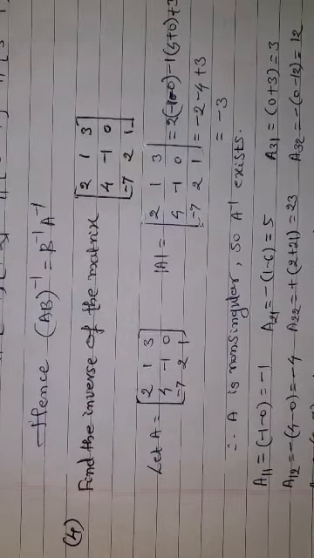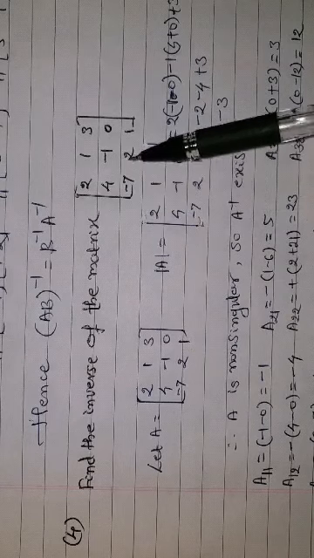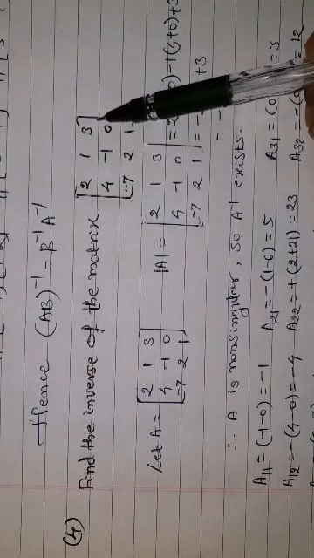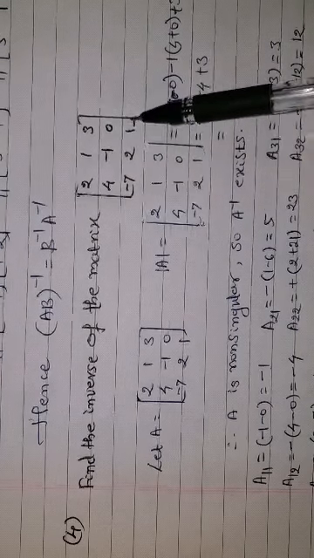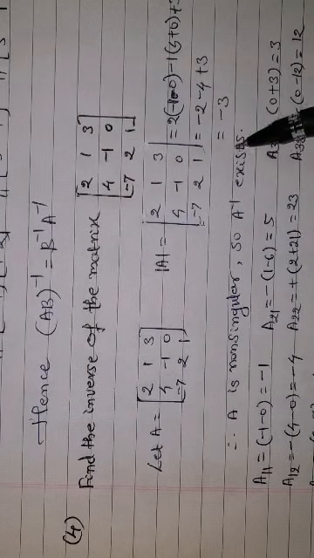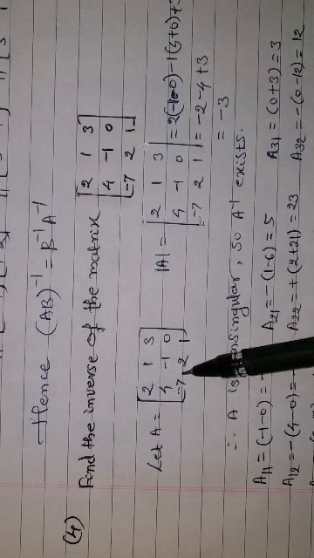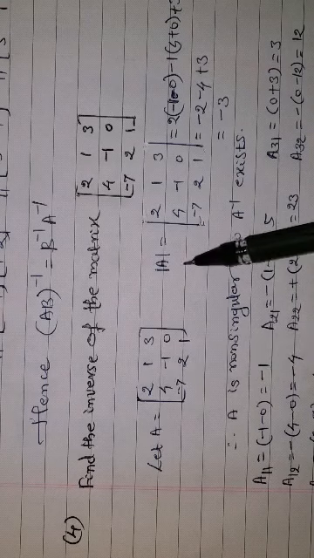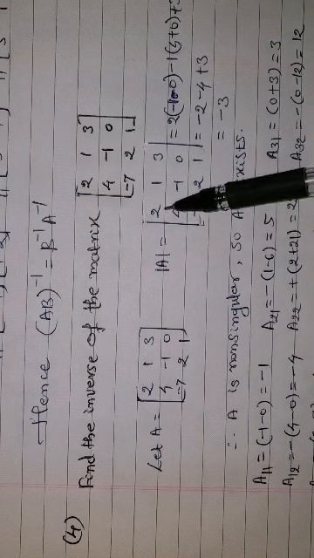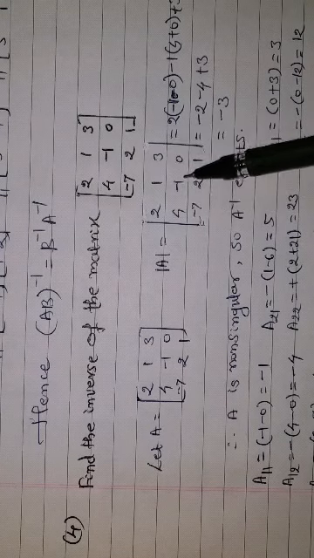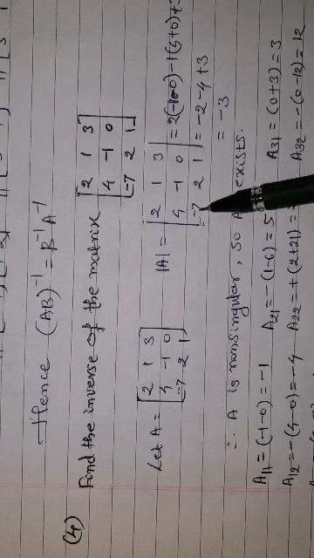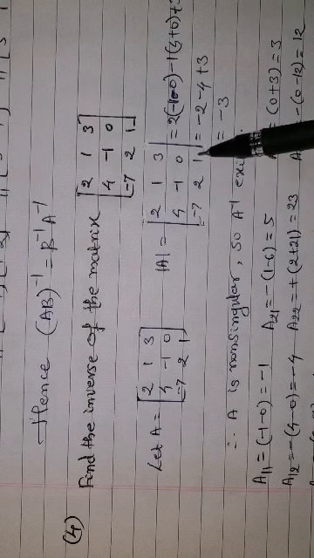The next question is, find the inverse of the matrix 2, 1, 3, 4, minus 1, 0, minus 7, 2, 1. Let A be the given matrix. The determinant of A is 2, 1, 3, 4, minus 1, 0, minus 7, 2, 1.